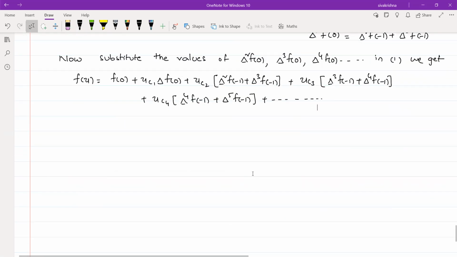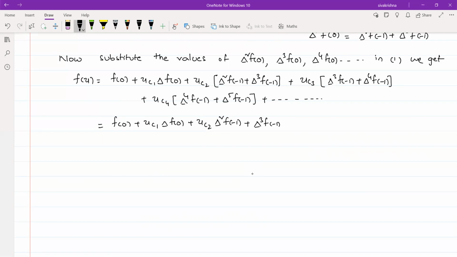Once again we have to simplify this particular equation. So this is equal to f of 0 plus uc1 into delta f of 0, and next we get plus uc2 into delta square f of minus 1 plus, and we are having two terms of delta cube f of minus 1, so we have to take delta cube f of minus 1 in common, so that we get uc2 plus uc3.